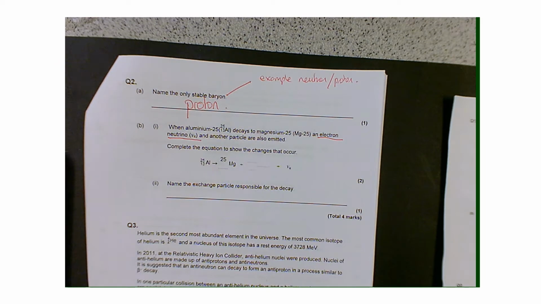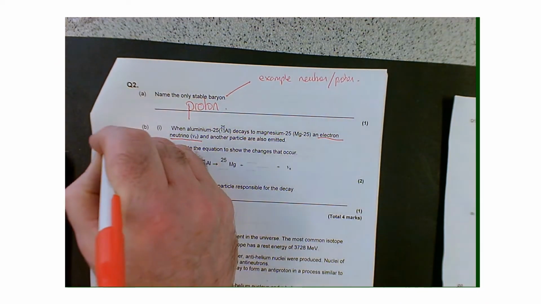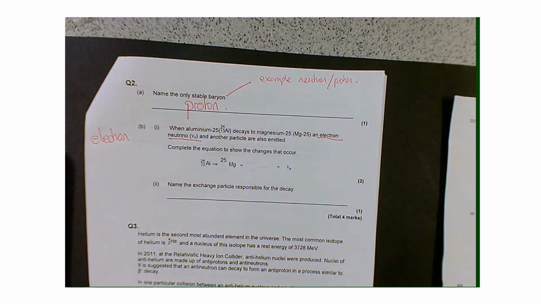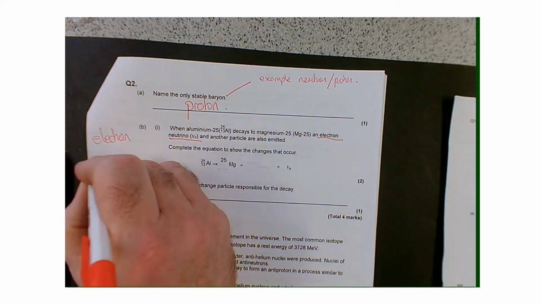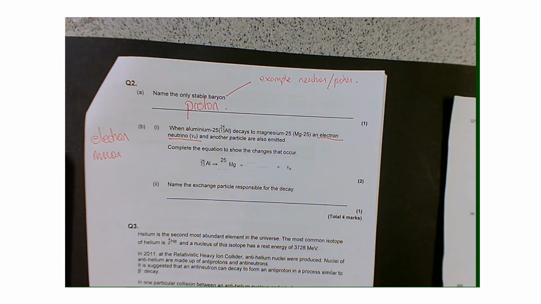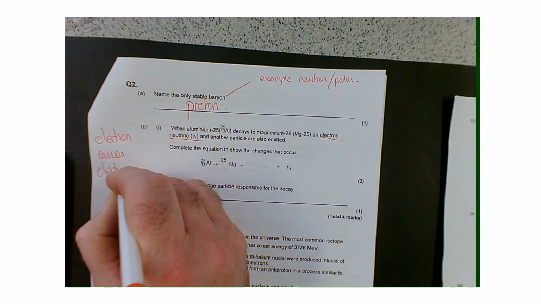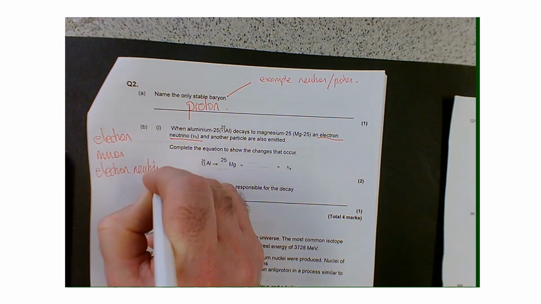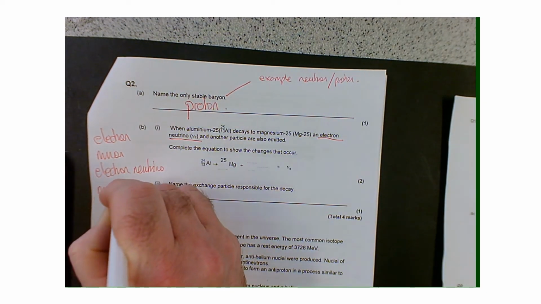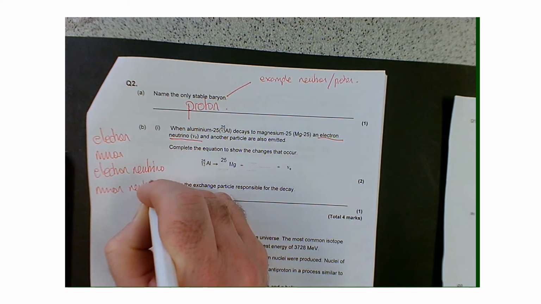So, Edwin, give me the name of a lepton. Electron. Right, so we've got an electron. Darrell, another lepton. A muon, yeah. George, another one. Neutrino, which one? Electron neutrino. Adam? Muon neutrino. And is that our lot? Is that all we've got?